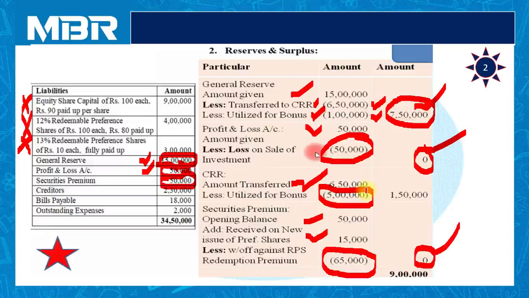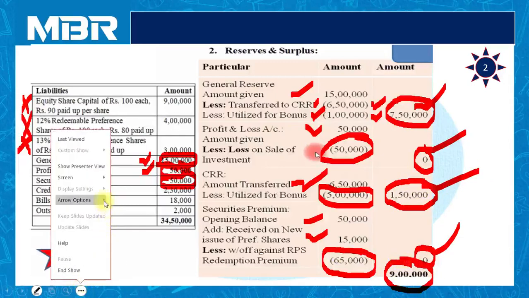You can check the second part of step number 6, that is the bonus issue. 6,50,000 minus bonus issued for rupees 5 lakhs. So the closing balance of the CRR account available in the books of the company is rupees 1,50,000. So the total amount of reserves and surplus in the books of the company is rupees 9 lakhs.